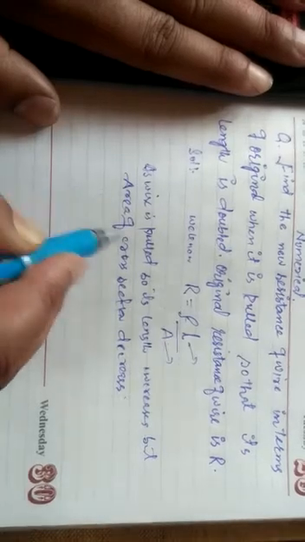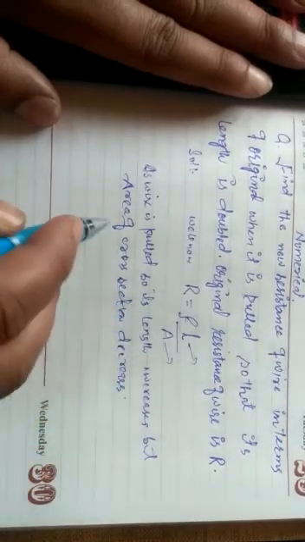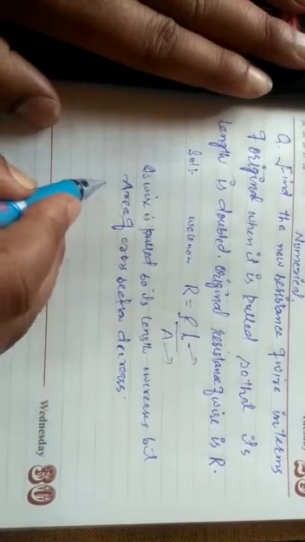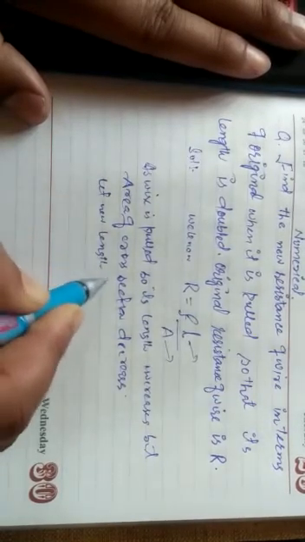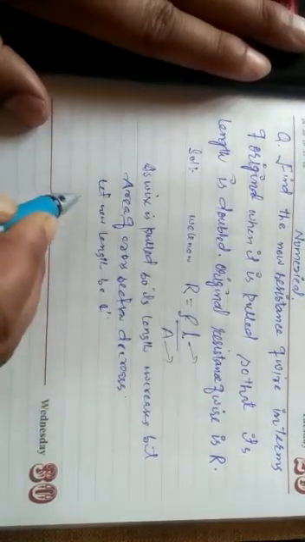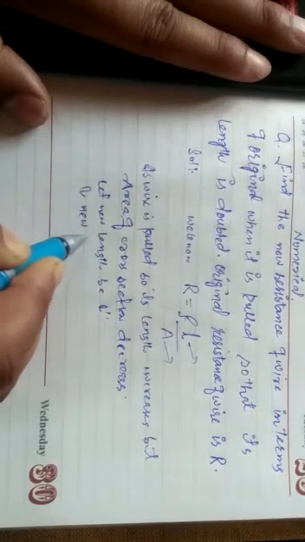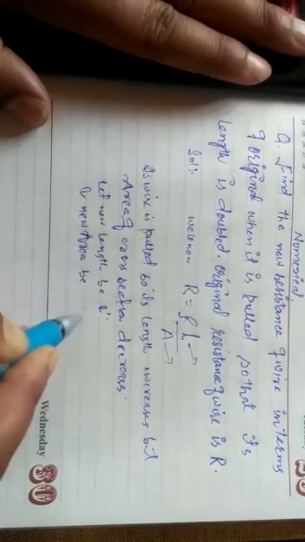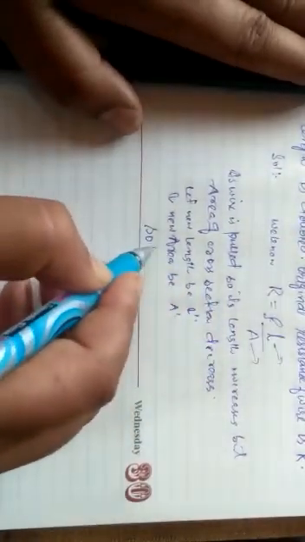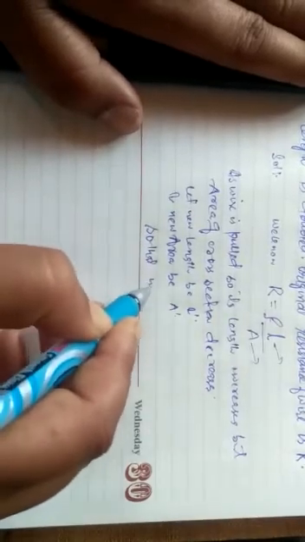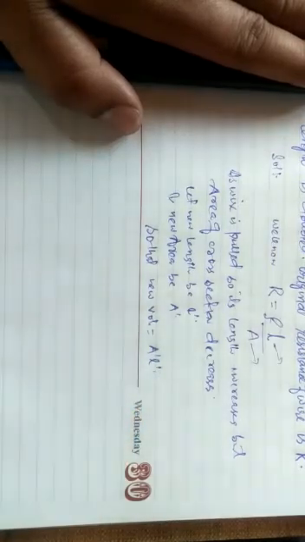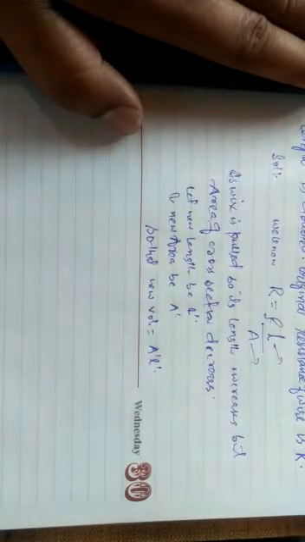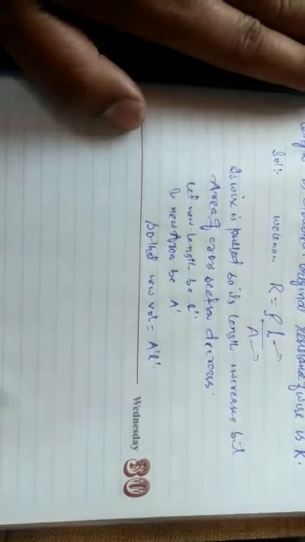As the wire is pulled, its length increases but the area of cross section decreases. Let the new length be L dash and the new area be A dash, so that the new volume is equal to A dash L dash, because volume has three dimensions, two dimensions of area and one dimension of length.